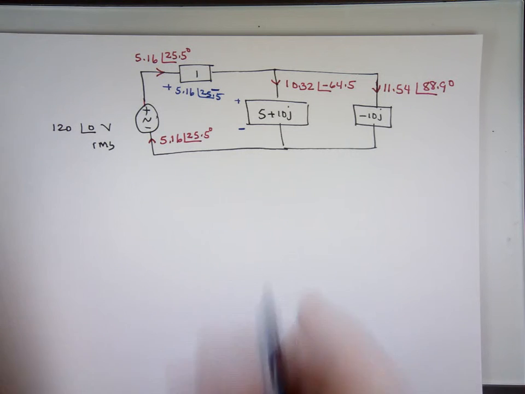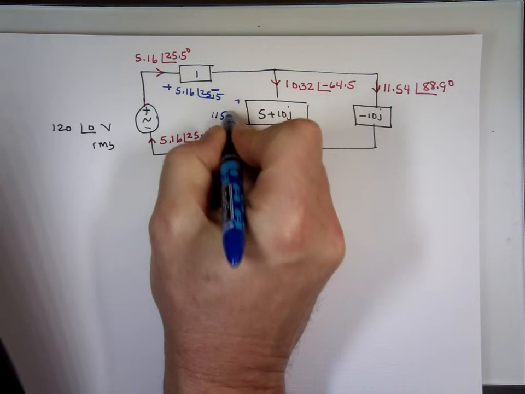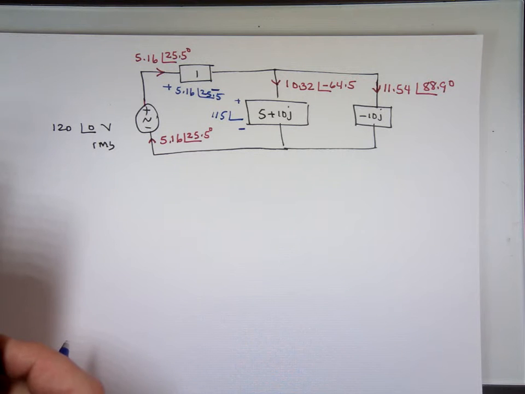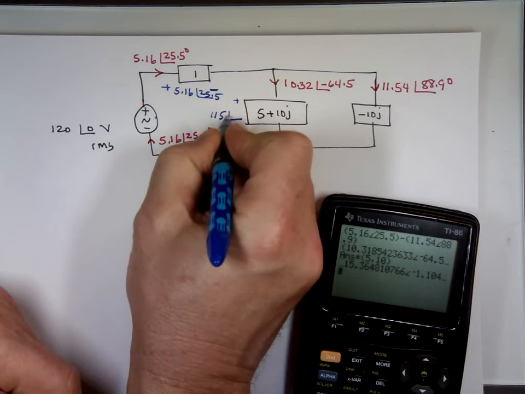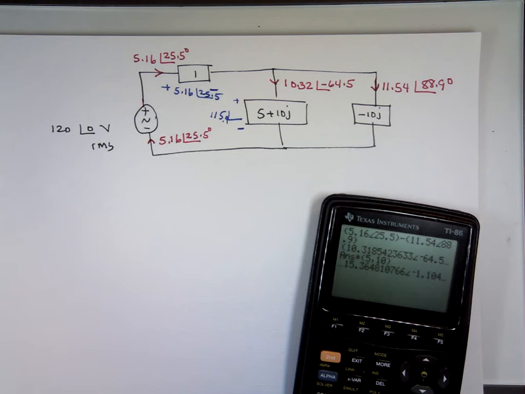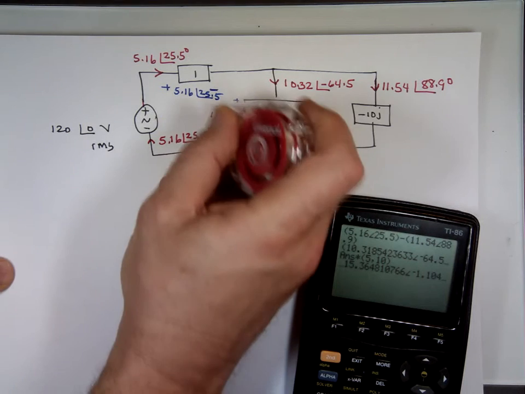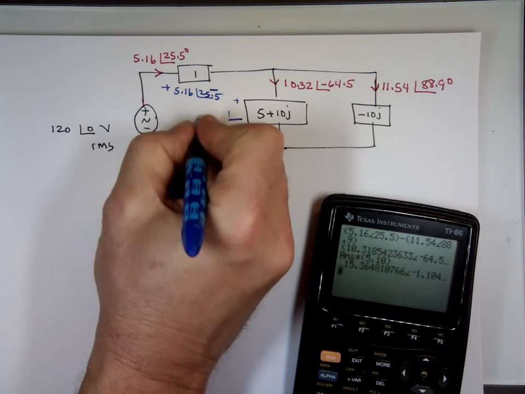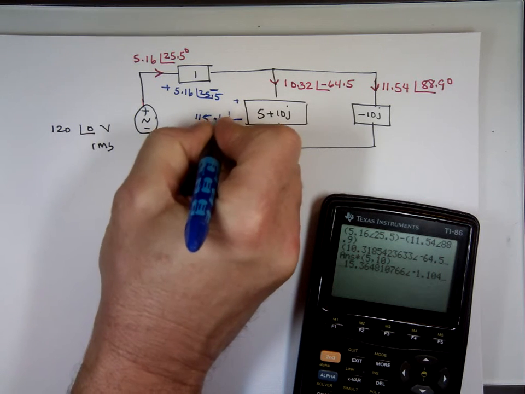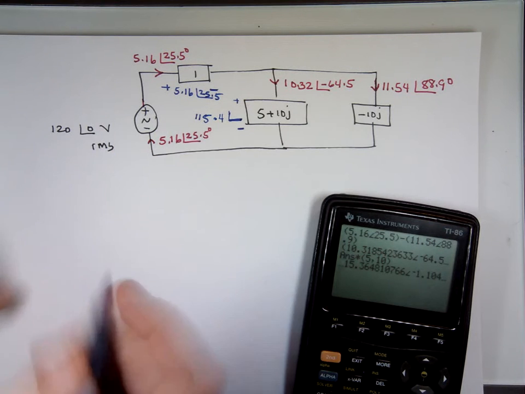That's 115, angle negative 1.1. It's 115.4 roughly, right? Suddenly I decided to go with whole numbers. 115.4, I forgot the 0.4, and the angle is negative 1.1.